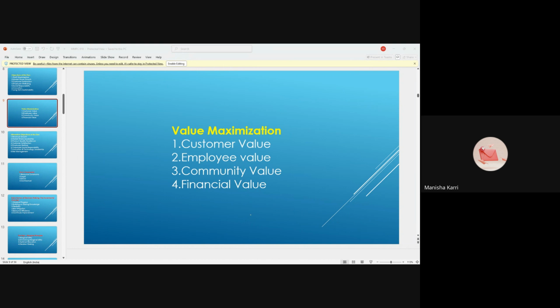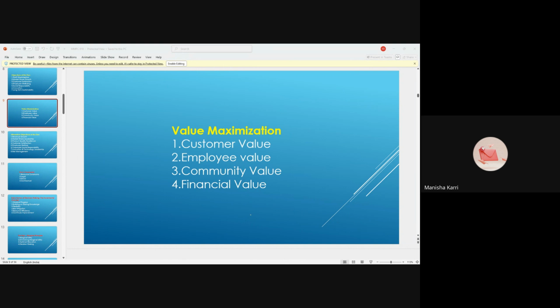Okay, so value maximization suggests that the firm should strive to increase or create value for the stakeholders. This can include generating profits for shareholders, providing competitive wages and benefits for the employees, offering quality products and services to the customers, as well as maintaining fair and ethical relationships with the suppliers.